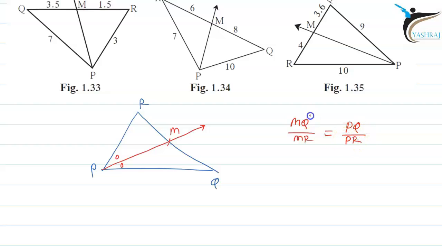Since we started from point Q, we have to start with Q for writing PQ divided by PR. Once this property is satisfied, that is MQ divided by MR equals PQ divided by PR, we can easily say that ray PM is the bisector of angle QPR.